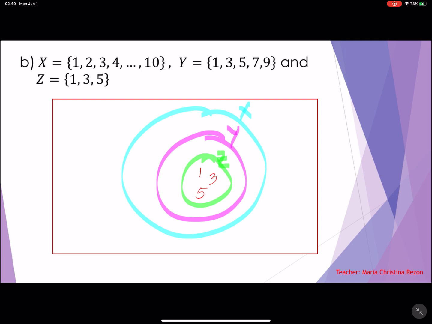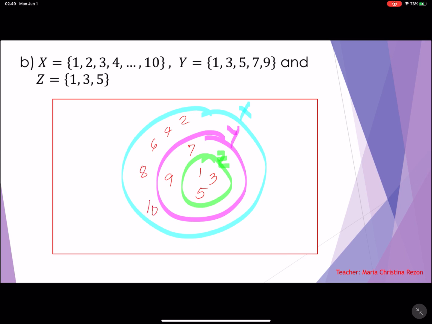And then for your Y, that is outside your Z, that is just 7 and 9. Then for your X, those elements that are outside Y are numbers 2, 4, 6, 8, and 10.